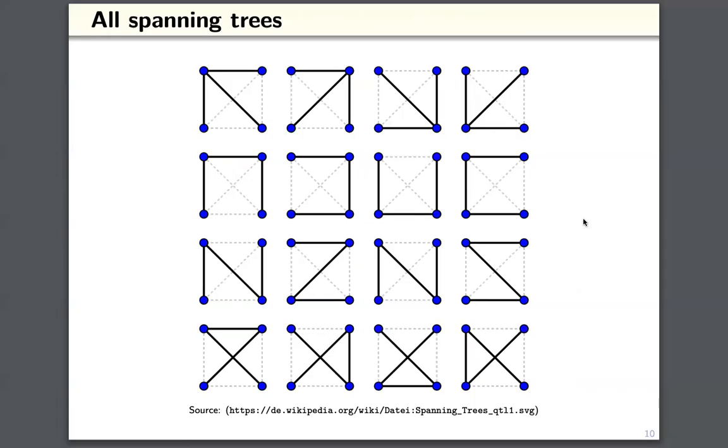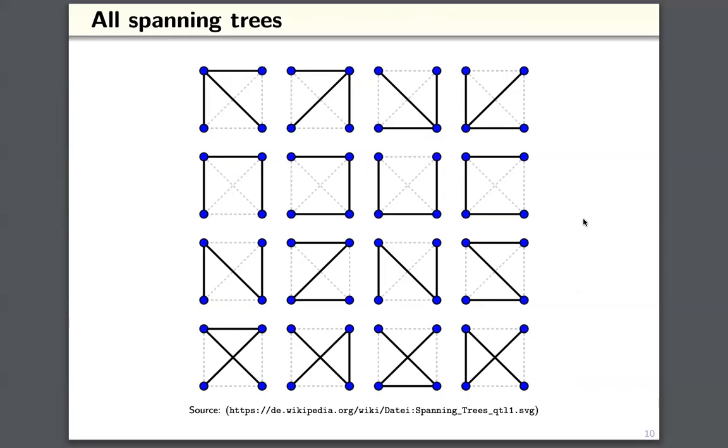It is a tree, and you know what a tree is: n nodes, n minus 1 edges, and they're connected. And if it covers all nodes in the graph, that's your spanning tree. Spanning means it covers every node in the graph.